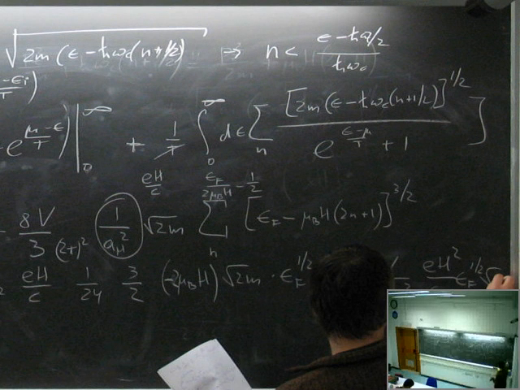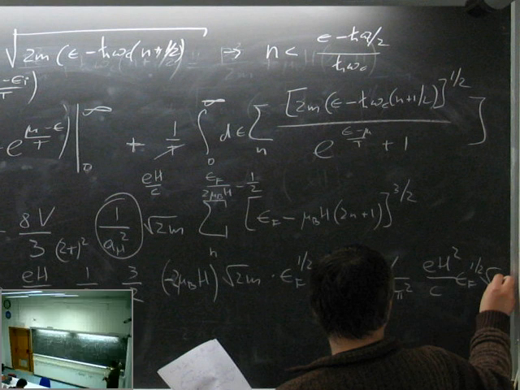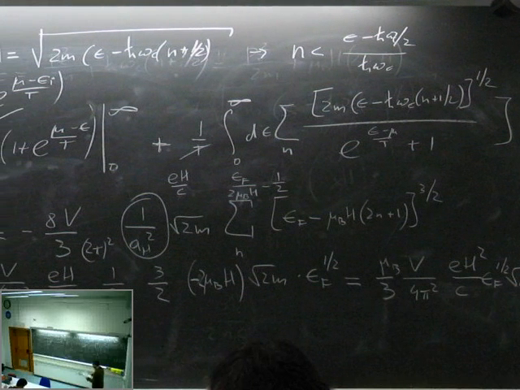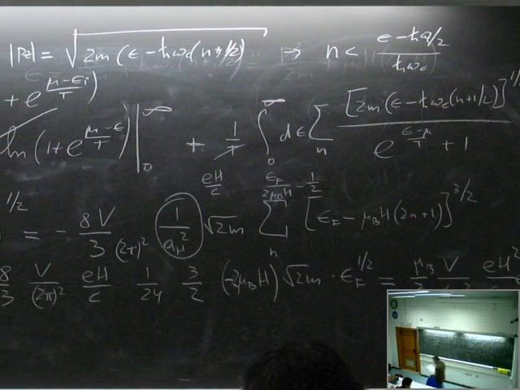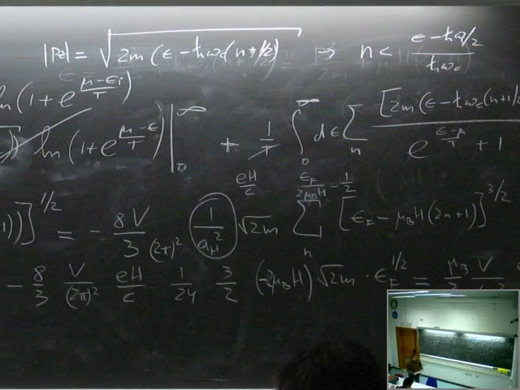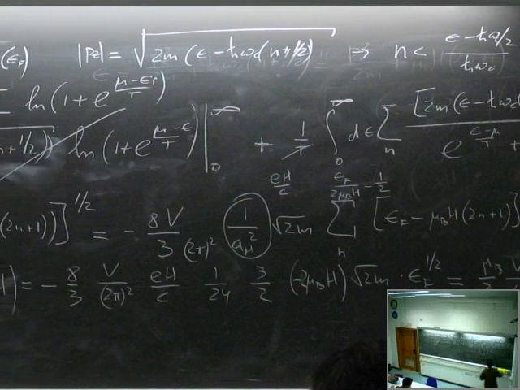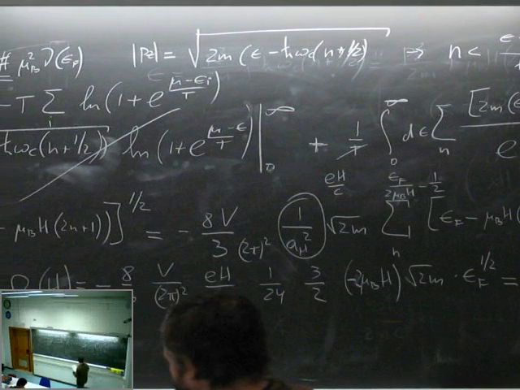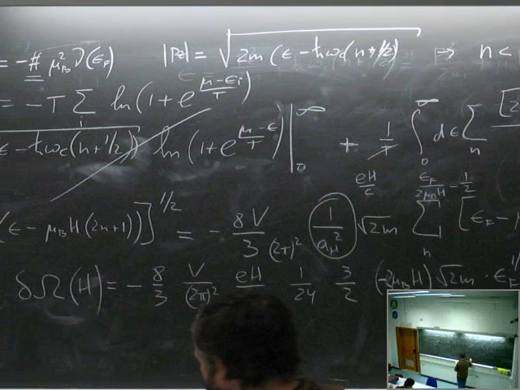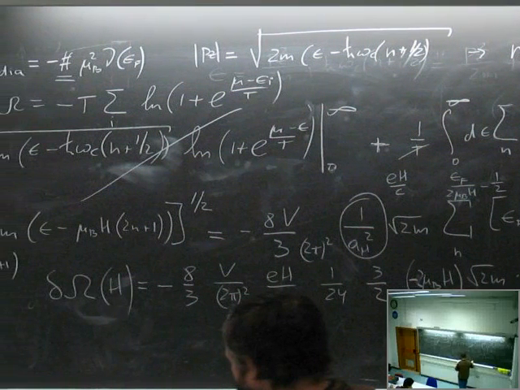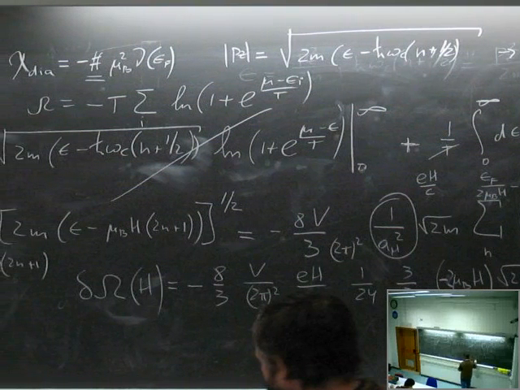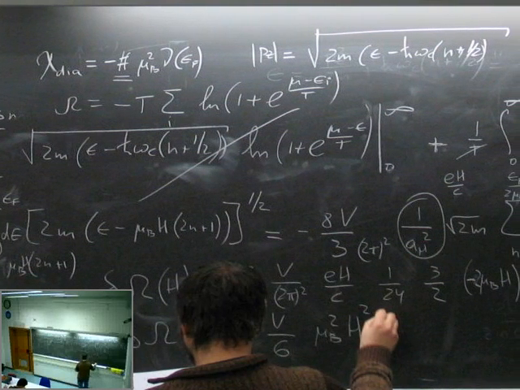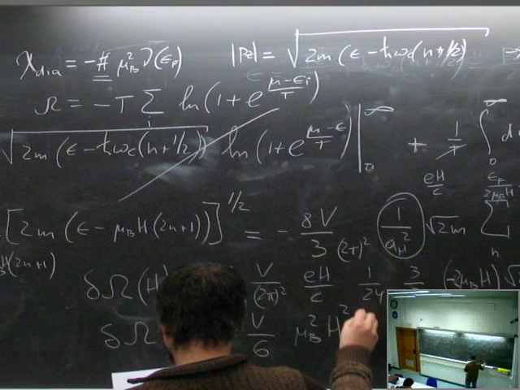You see that here I have almost Bohr magneton times square of magnetic field. So I will multiply and divide by the mass. And also recall that 2 times mass times square root of Fermi energy is the Fermi momentum. So what I have in total, the delta omega, depending on H, is equal to plus V over 6 mu Bohr square H square times density of state at the Fermi energy.